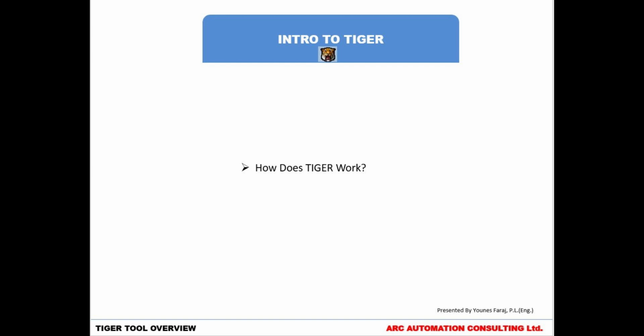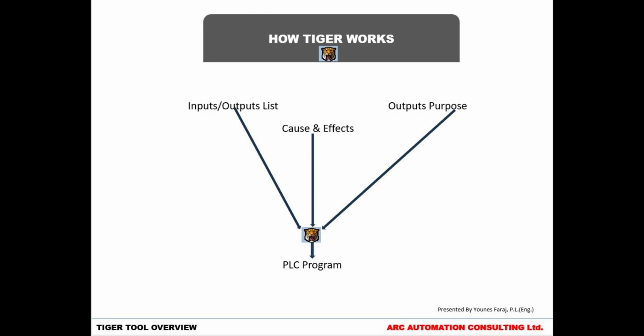We're going to see here in a moment how does it work and what does it require. But as we see here, it does require at least three basic components for it to generate your PLC program.